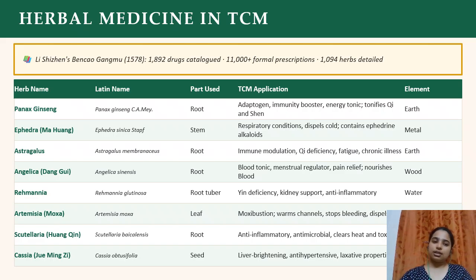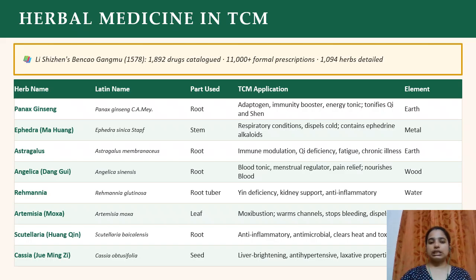Coming to the next one, Artemisia moxa, which is used to stop bleeding and all. Coming to cassia or senna, senna is used because of its laxative properties. So some of the drugs will be familiar to you people, and you will be dealing with that in detail in 5th semester pharmacognosy and phytochemistry too.